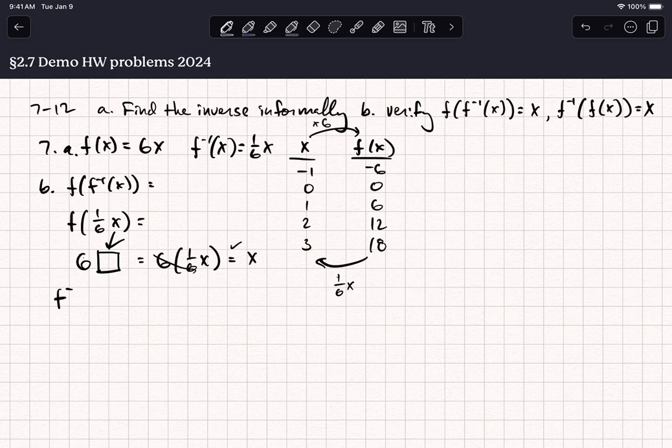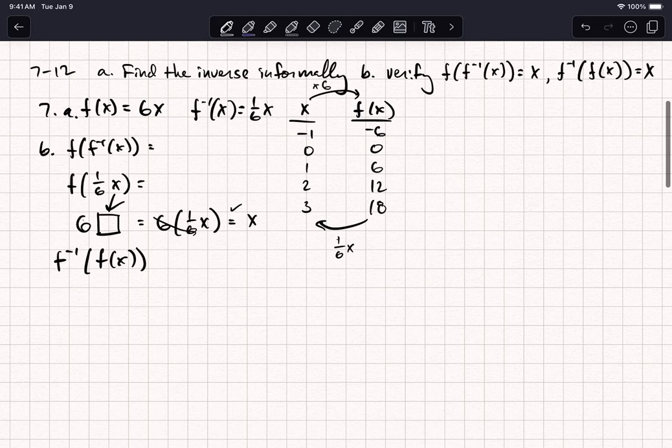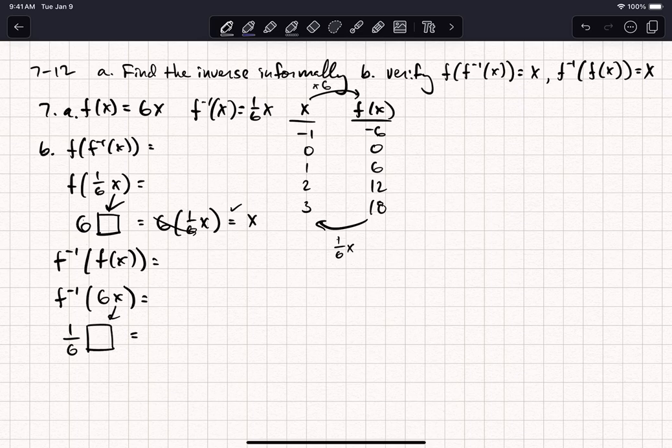And to verify the f inverse of f of x, I'm going to replace f of x, and I'm going to rewrite f inverse in box notation. And that's how you do that group of problems.